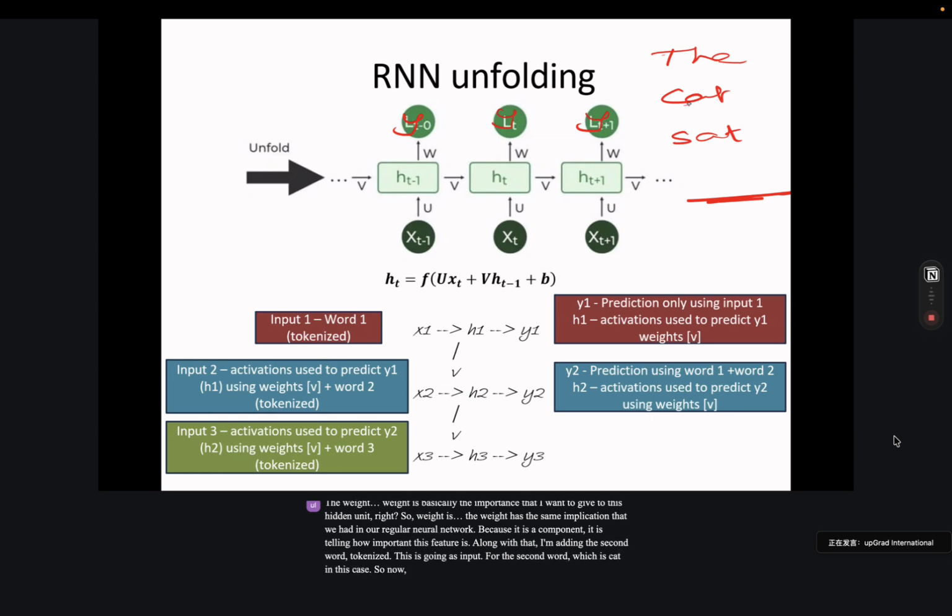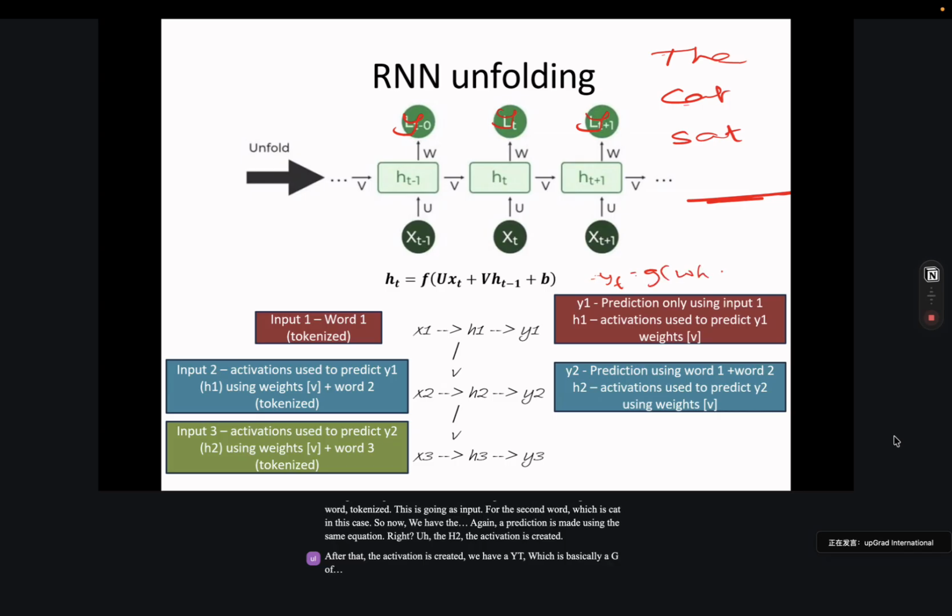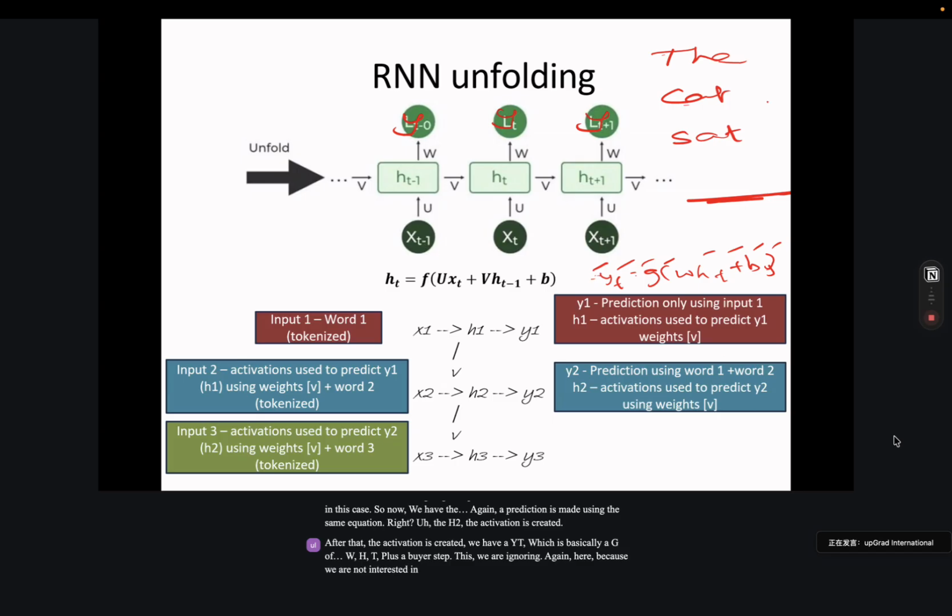So now we have the cat. Again, a prediction is made using the same equation, right? The H2, the activation, is created. After the activation is created, we have YT, which is basically a G of W HD plus a bias term. This we are ignoring again here because we are not interested in completing the sequence at this point.